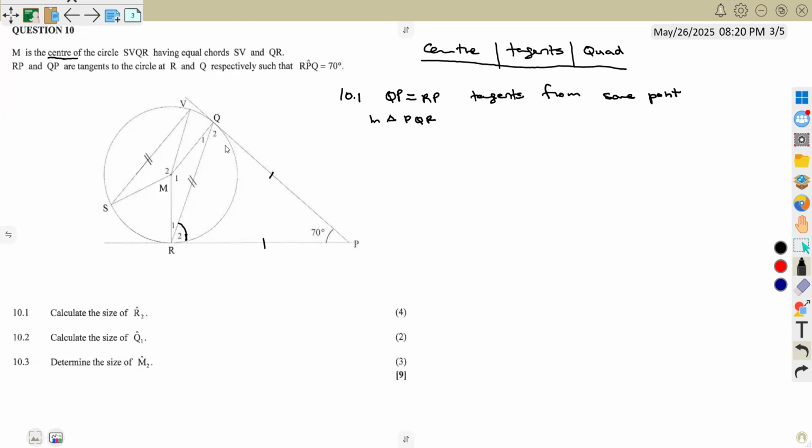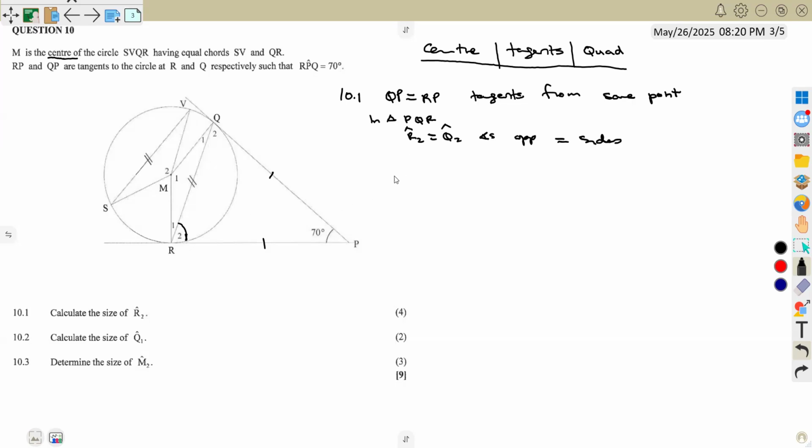It therefore means the angle R2 and the angle Q2 are equal, because these sides are also equal. The reason for that: angles opposite equal sides in this particular triangle.